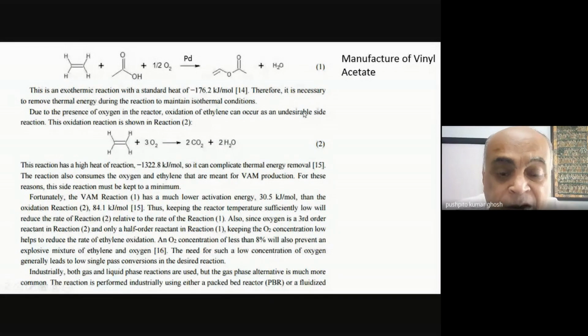Same thing you remember when we were talking about N oxide. The activation energy of this is much lower than this: 30.5 kilojoule per mole, and this is 84.1 kilojoule per mole. So things that are more thermodynamically facile doesn't mean that their activation energy will be lesser. It can be opposite also. This is a classic case.